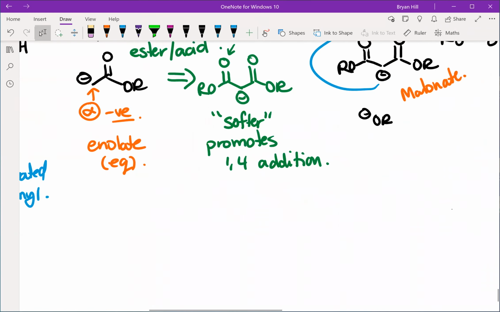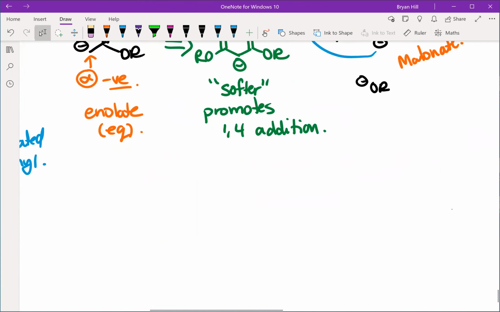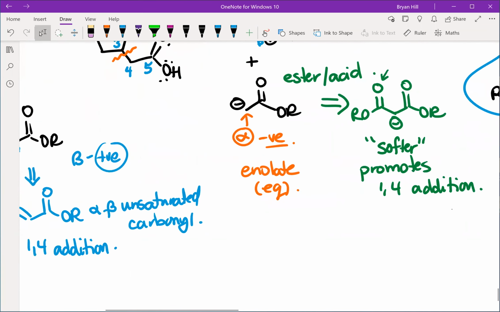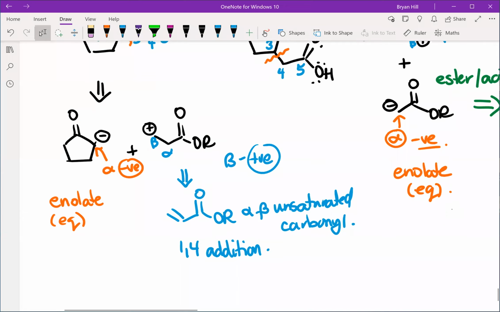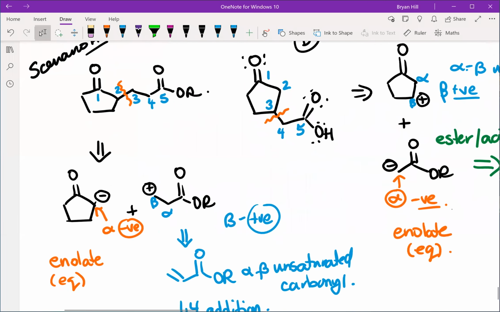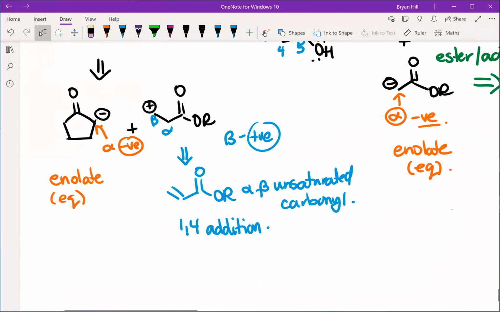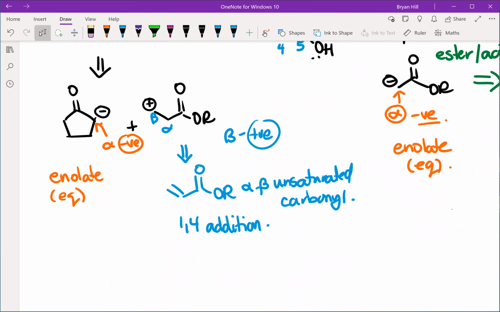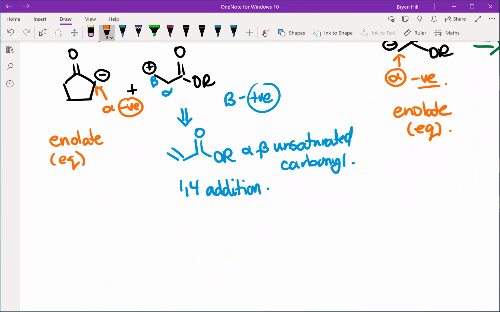But this strategy, oh, sorry, I'm going all over the place. This strategy, when you've got the 1,5 relationship, is the same in each case. We're generating an enolate or an enolate equivalent, and we're doing some type of 1,4 addition. So for scenario A, I thought I'd remind everybody that other types of enolate equivalents exist. And here is one of them.